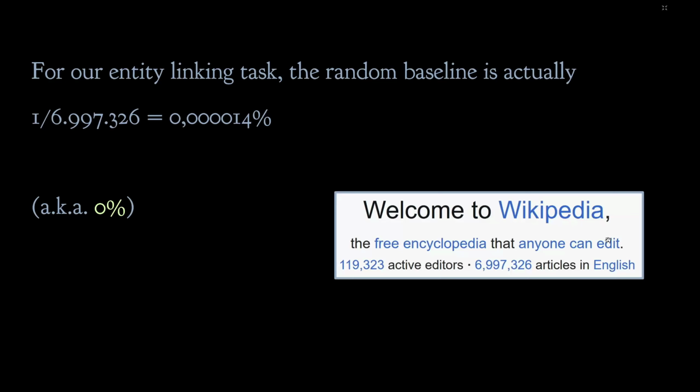In fact, if you look at this entity linking task, a truly random baseline would be, I'll just pick a random article from Wikipedia, which has about 7 million articles in English. So it is virtually 0% at this point. If you pick 1 out of 7 million, we have kind of 0%. So the lower bound definitely is 0%, even though most clients already have a hard time believing this.